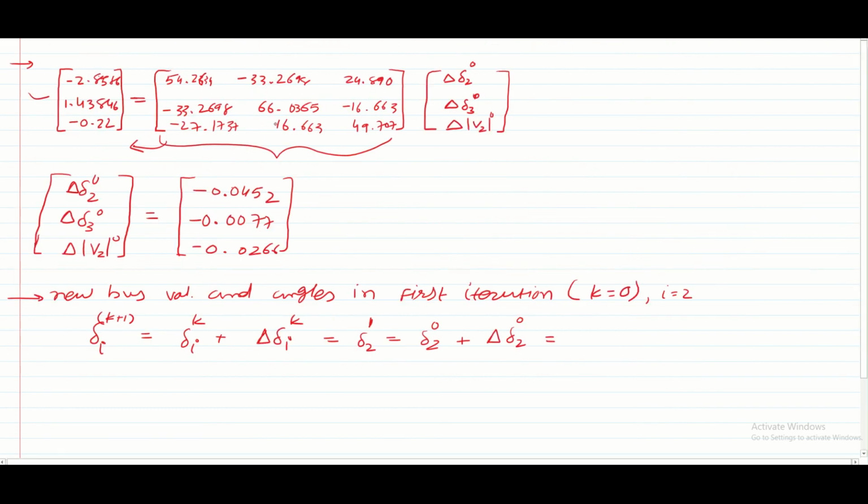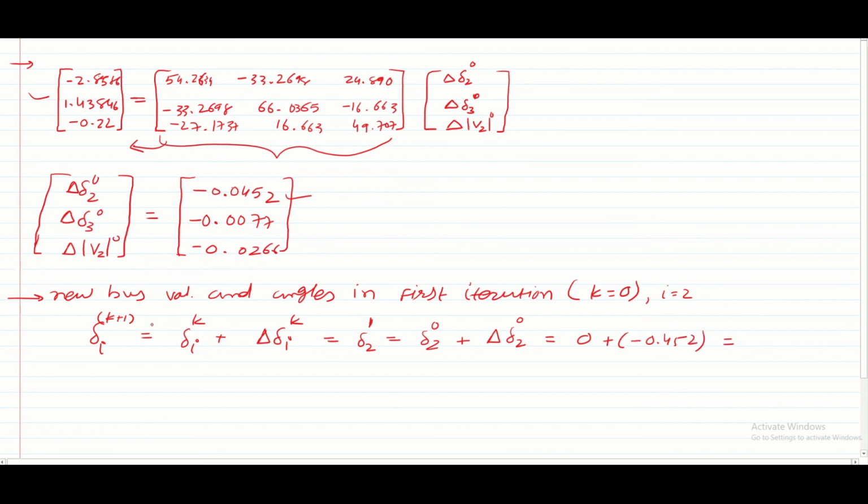So here 0 plus change in angle, which is minus 0.0452.